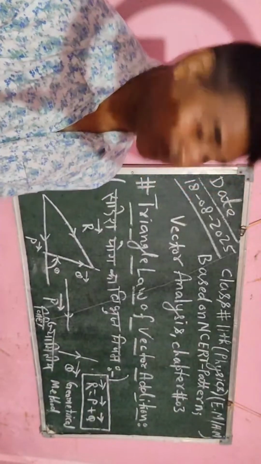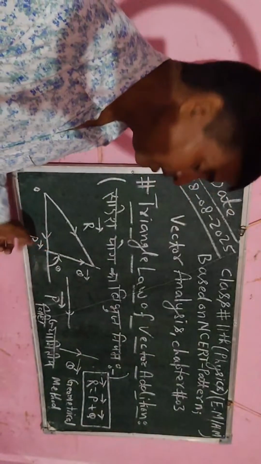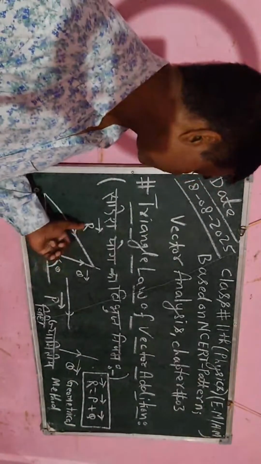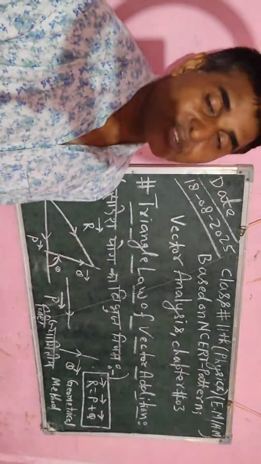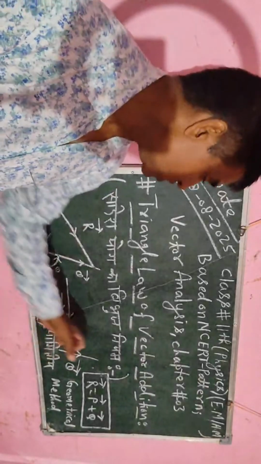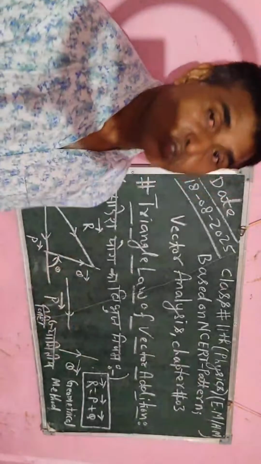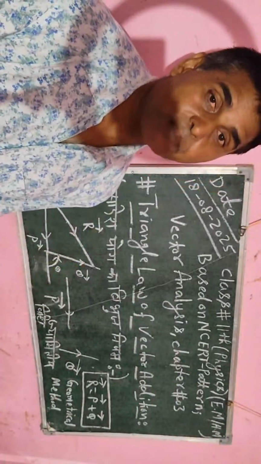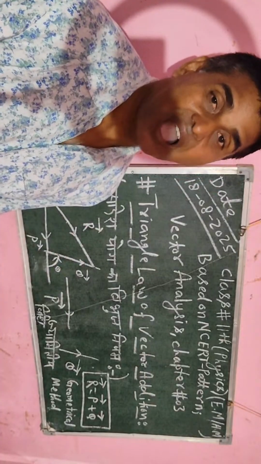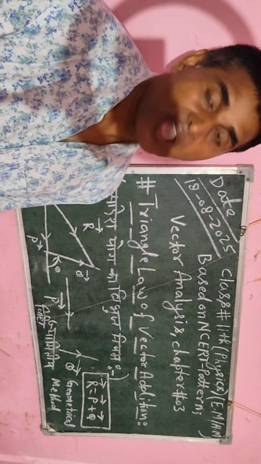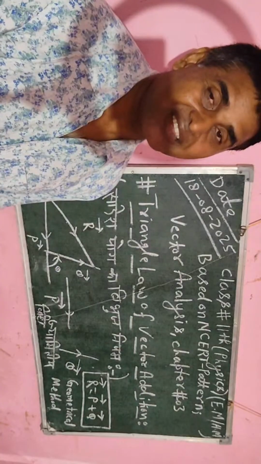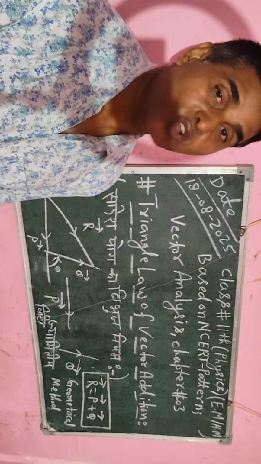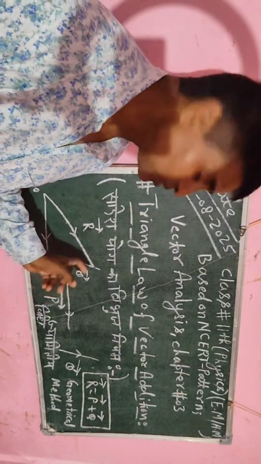Students, these concepts are very easy, so concentrate on it because some numericals can also be given on this topic. If the value of vector P is given and the value of vector Q is also given, we have to get vector R, and after getting vector R we have to get the magnitude of the resultant vector. That can be obtained easily, because before, in the case of the displacement vector, I took two position vectors and got the displacement vector, and then I also calculated the resultant of the displacement vector.